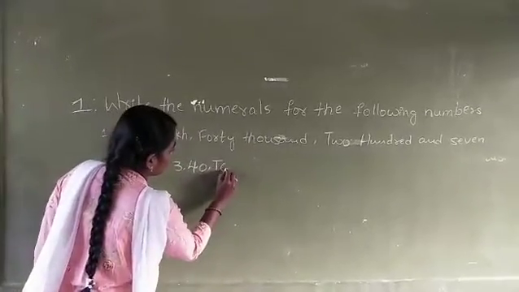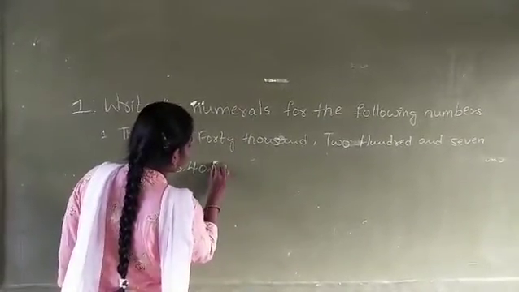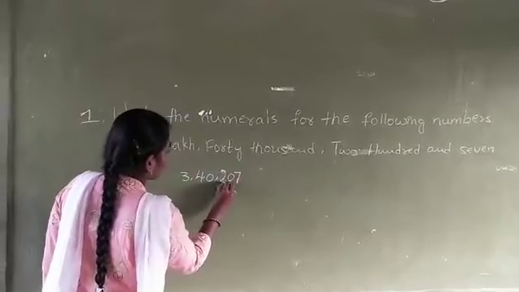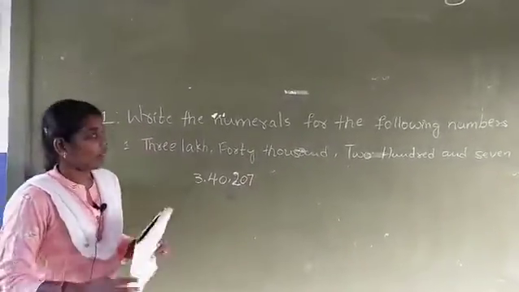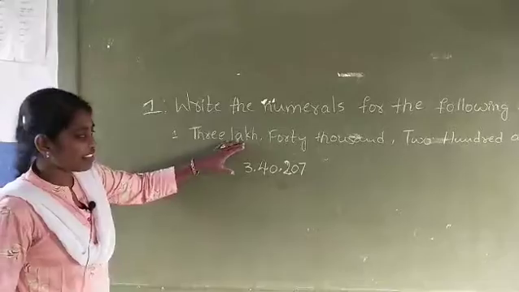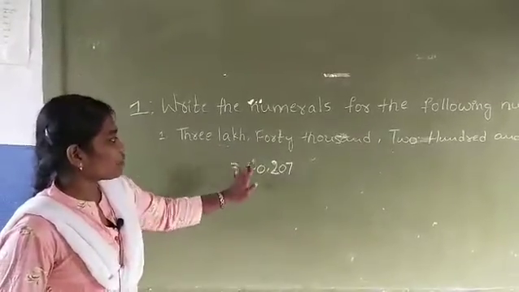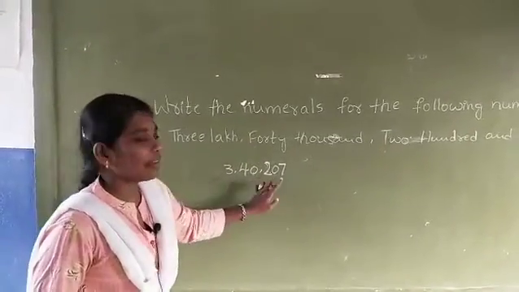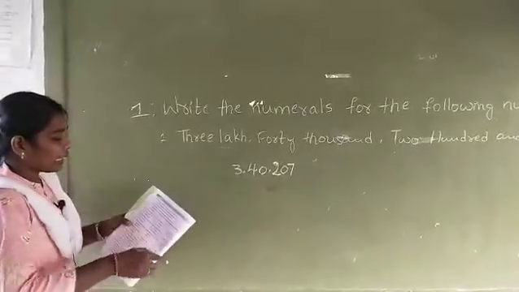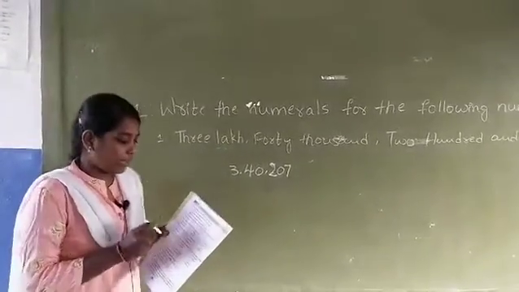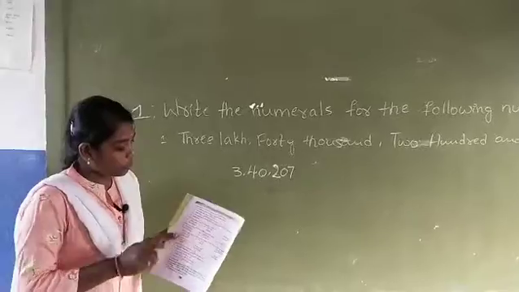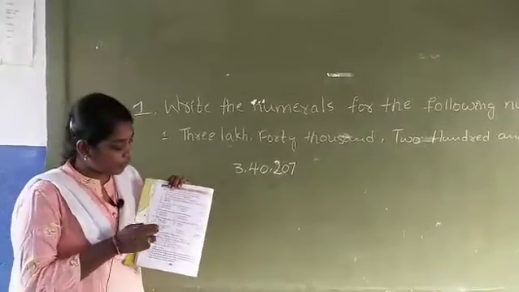The numeral form of this number is 3,40,207. In the same way, we have the remaining 4 problems. Please do those 4 problems as your homework.